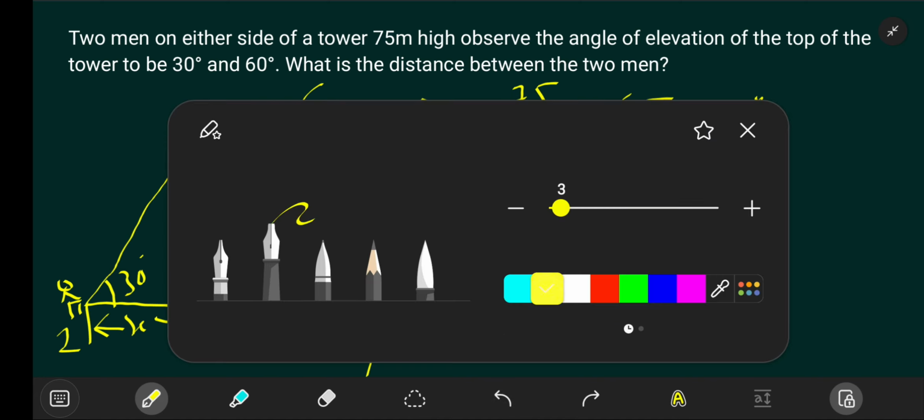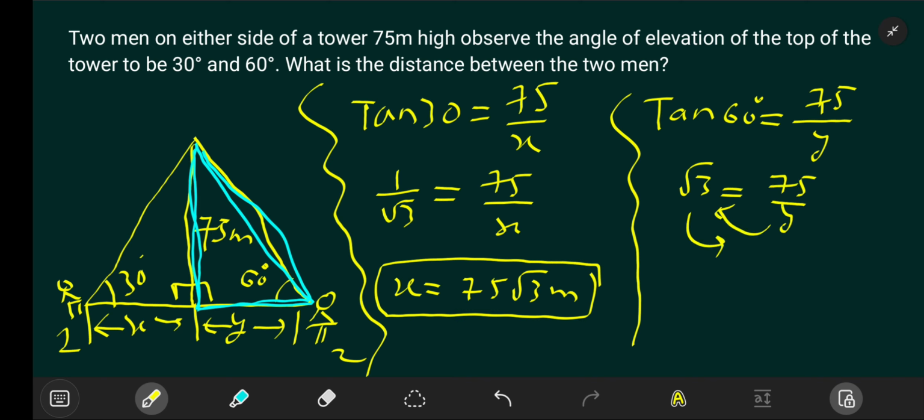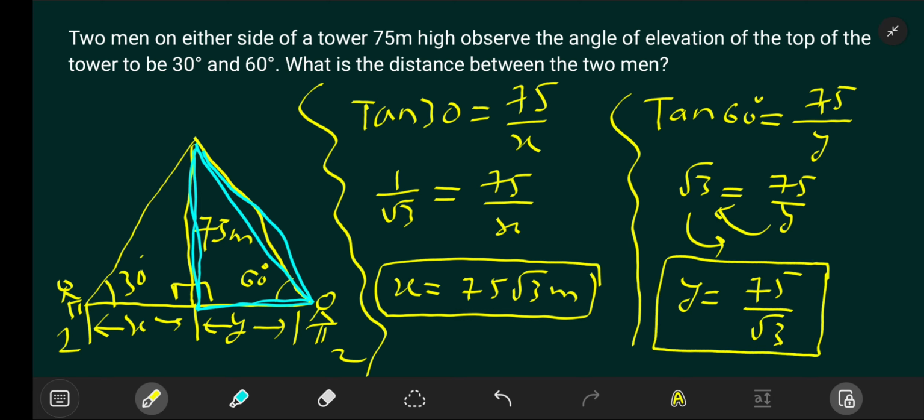Tan 60 degrees is equal to 75 upon y. Tan 60 degrees is root 3, which equals 75 divided by y. Sending y to the left hand side and root 3 to the right hand side, y is equal to 75 divided by root 3. This is the y value.